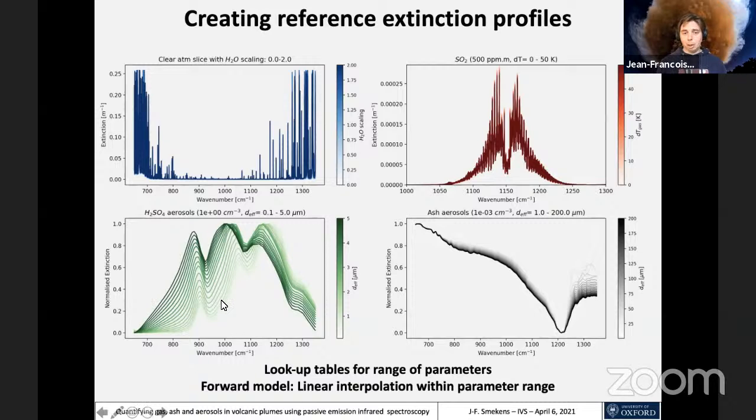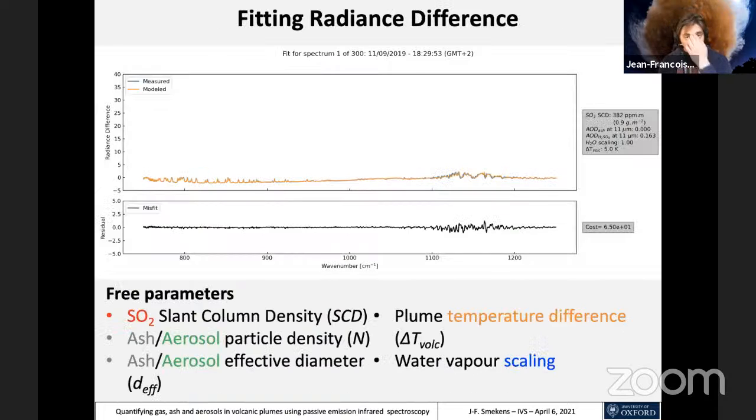And as you can see, for the sulfate aerosols, there's a significant variation in shape, whereas for ash, mostly the shape remains the same, except when considering very low size ranges, effective diameters.